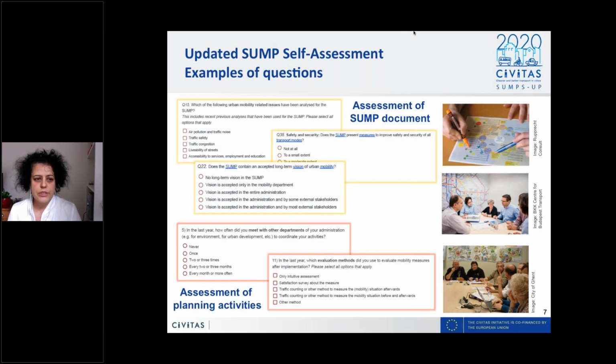These are just examples of how the questions look. Some questions are related to the assessment of the SUMP document. Some questions are related to the assessment of planning activities. You can find out more by accessing the link that I have shown you in the previous slide.